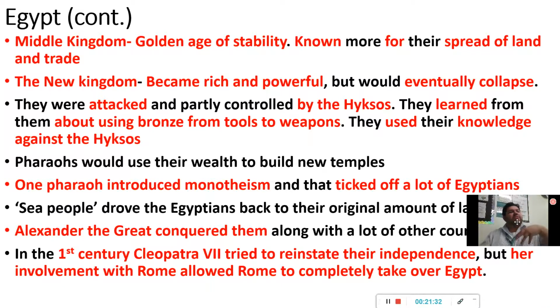That's the one they said was so beautiful, and she tried to reinstate their independence, basically try to make Egypt the power they were before. The problem was, she got involved with Rome, with Mark Antony, and that ended up costing them. Eventually, Egypt was taken over by Rome.